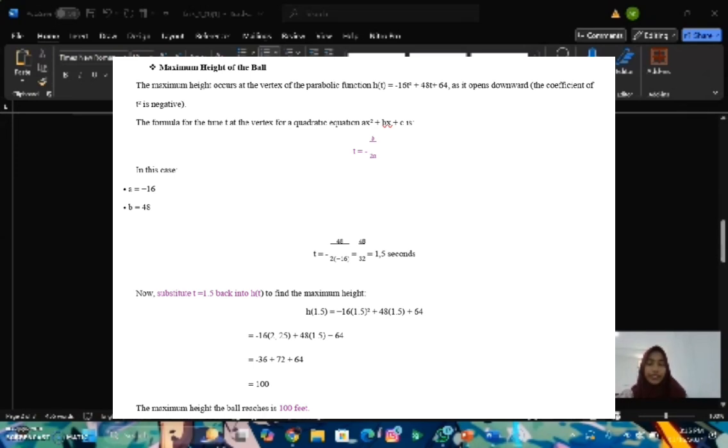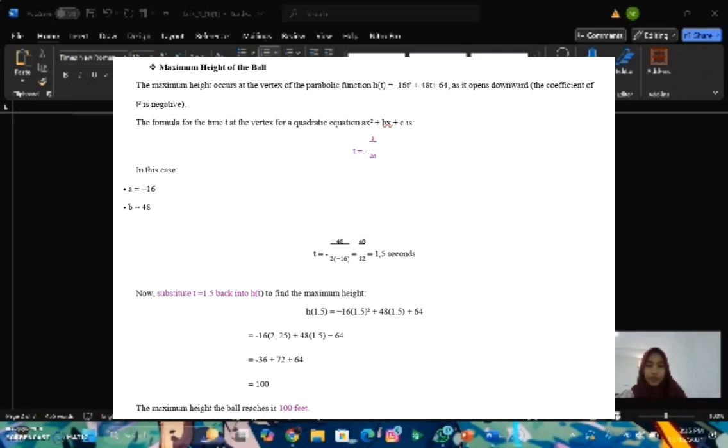Now we can substitute t = 1.5 back into h(t) to find the maximum height. So h(1.5) = -16 times 1.5 squared plus 48 times 1.5 plus 64.